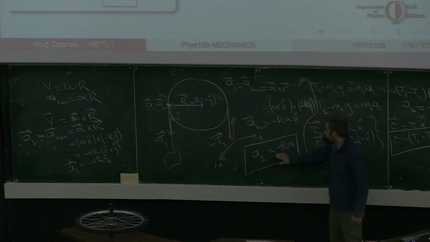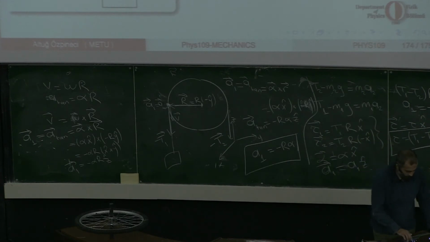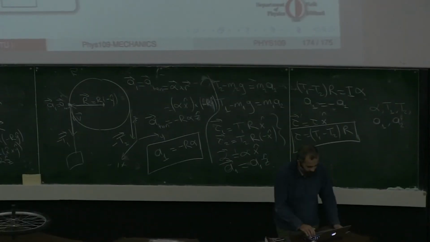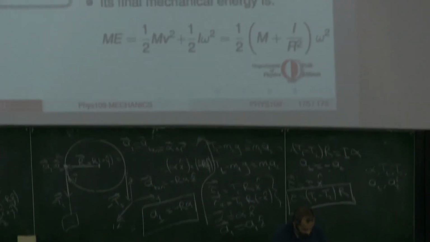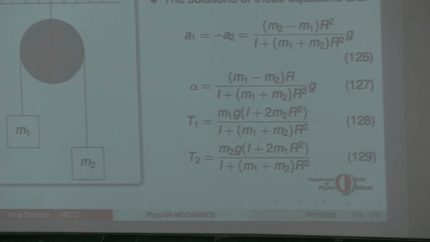This also holds if alpha is negative, because then a1 should be positive, and negative makes positive. This is valid whether alpha is positive or negative. The solution of these 5 equations, I will not go over. So these are what we have.